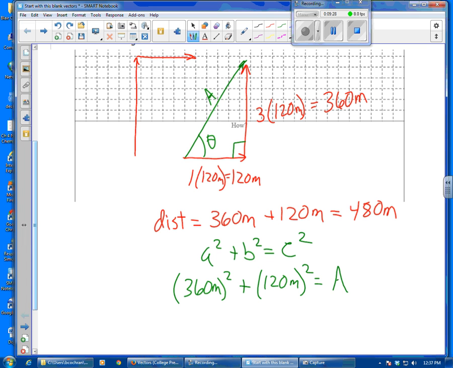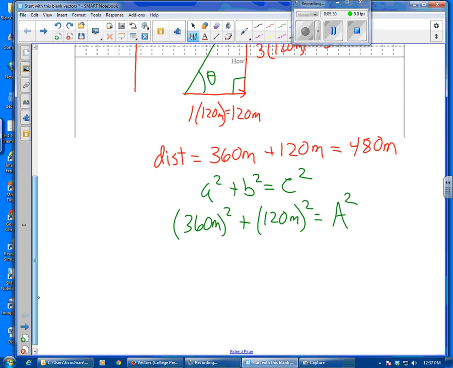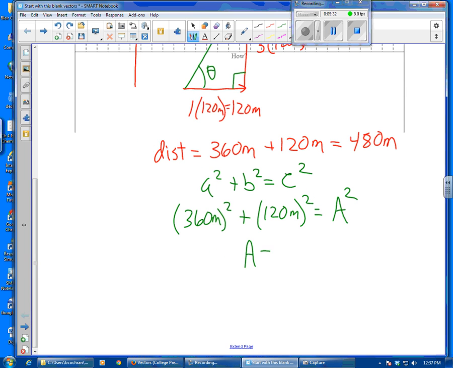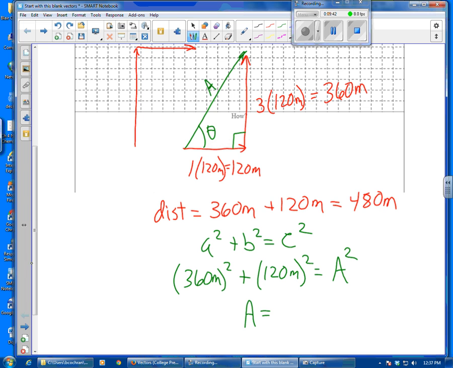Equals big A squared. And I solve for big A, right? And then I look up there and say, I got theta. I need to find theta. Theta is opposite over adjacent, right?